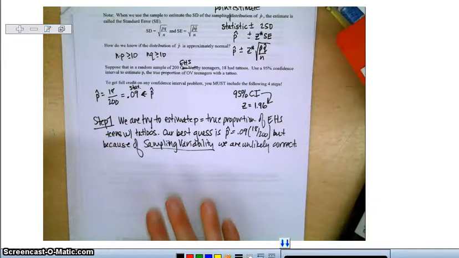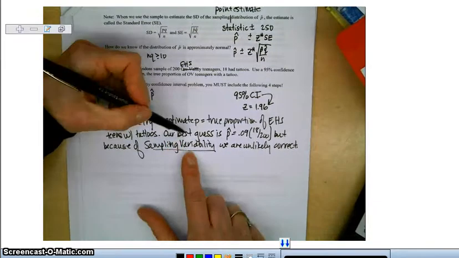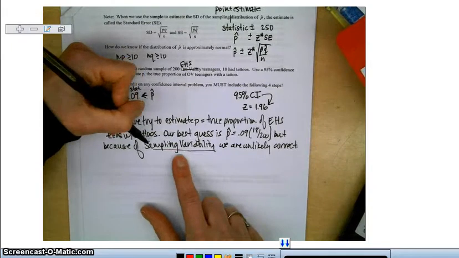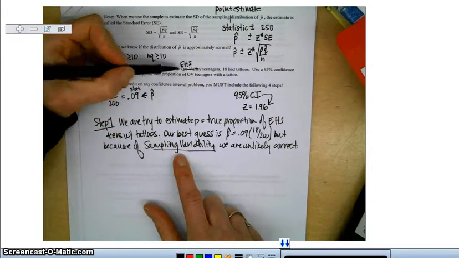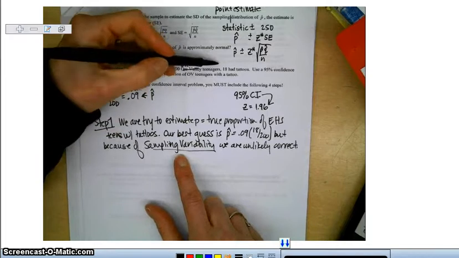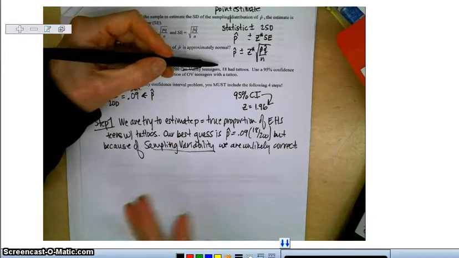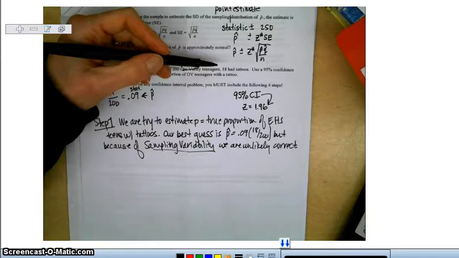So we just said what we were trying to do. We told them our best guess. Sampling variability is the reason that we're not right, because maybe we got this particular sample, 18 having tattoos, because we just happened to be in a group of kids where they all went and got tattoos. Maybe it's high, maybe it's low. It's probably sampling variability.